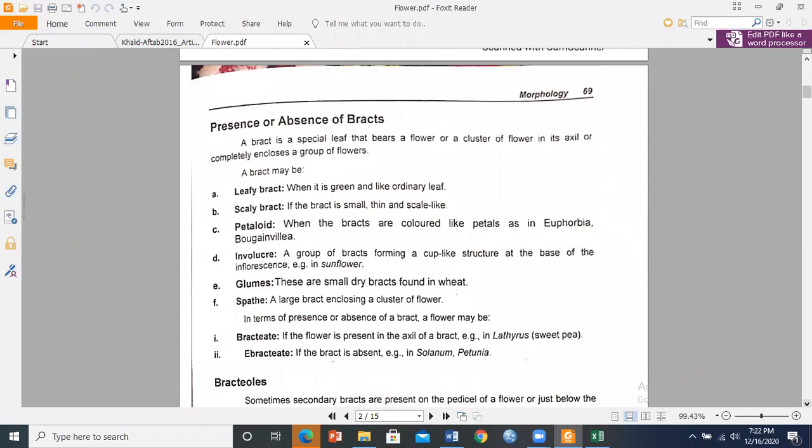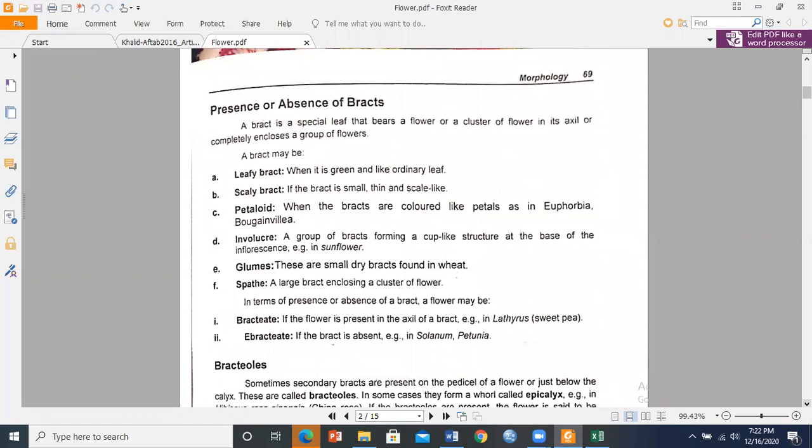On the basis of the presence or absence of the bracts, we can classify flowers into different categories. Actually, the bract is a special leaf that bears a flower or a cluster of flowers in its axil or completely encloses a group of flowers.